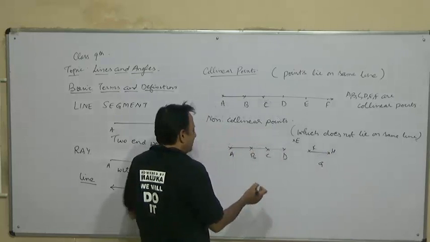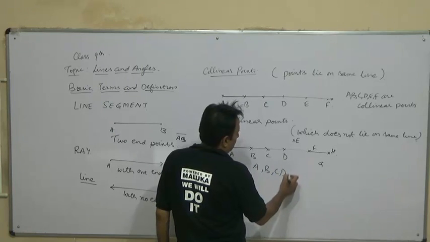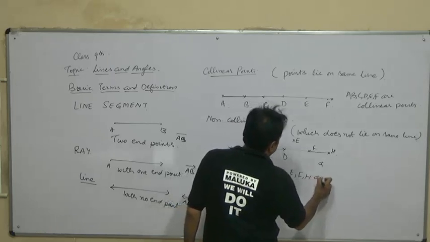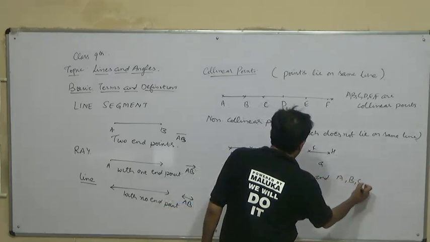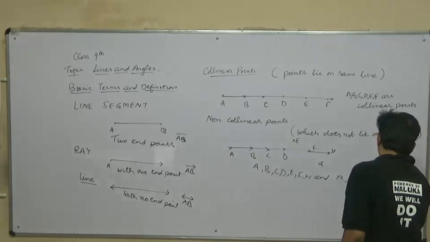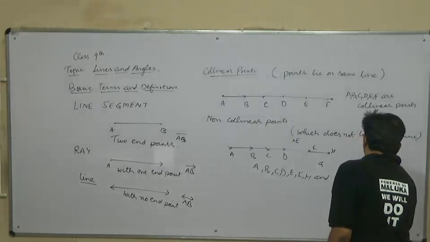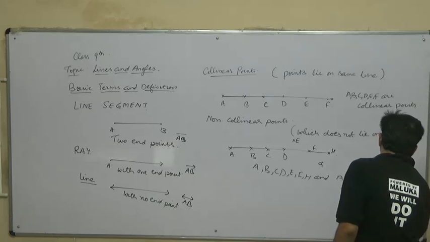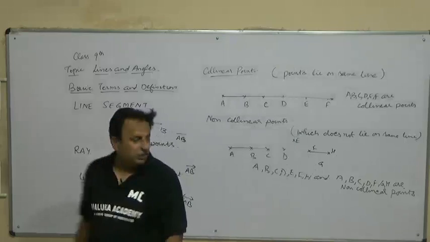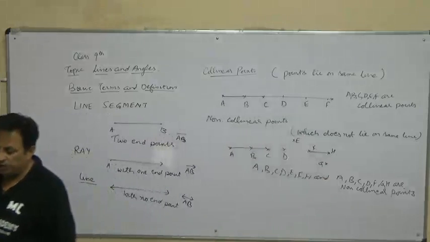So we can say that A, B, C, D, E, F, H, and A, B, C, D, F, G, H are non-collinear points. Why are these non-collinear? Because they do not lie on the same line, so their line of action is different. So G is this point, we can say this is your G point.